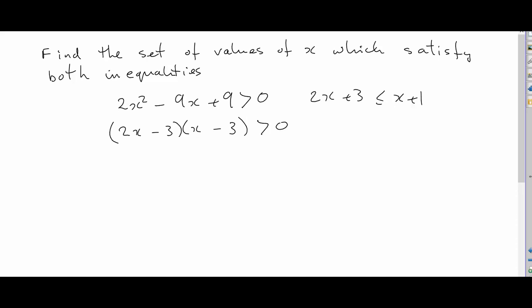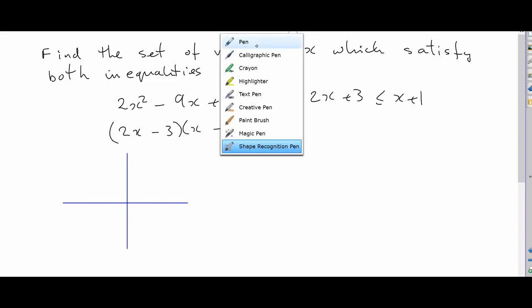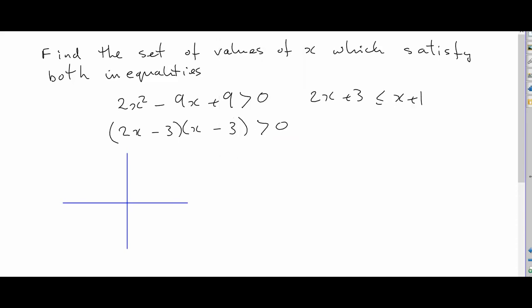And so if we were to sketch that curve, we can see that the curve crosses the x-axis when x is 3 over 2, and also when x is 3. And so the curve looks something like this.